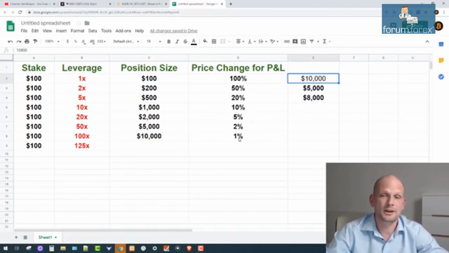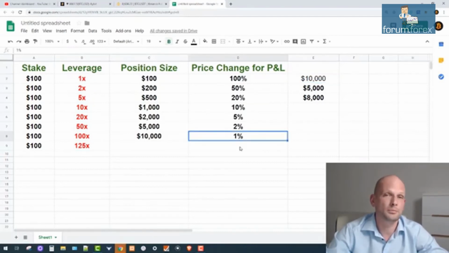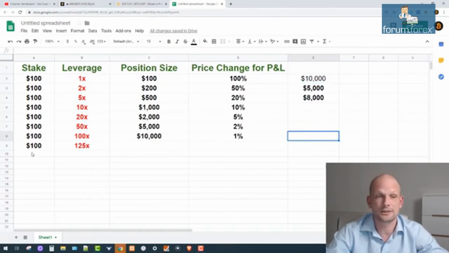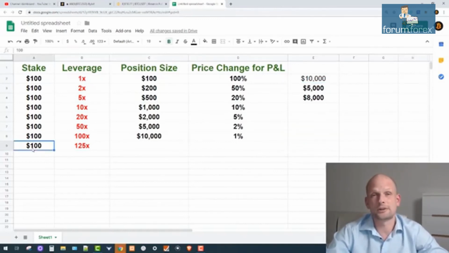With 100x the price has to go down only by 1%, so only by $100 from $10,000, and your position gets liquidated.